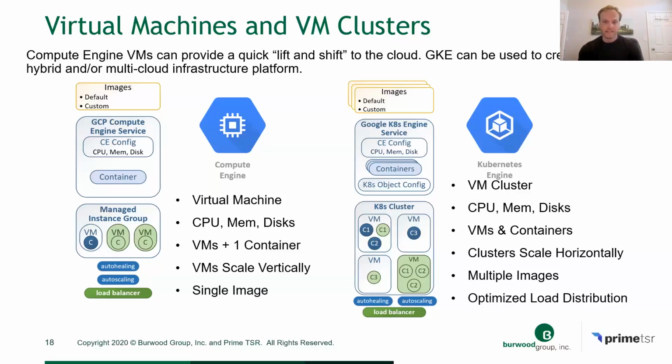On the Kubernetes side, this is by far the way that you can get the most out of your resources. And it's the most flexible way to deploy all your workloads and all your applications. The idea here is that you could keep adding VMs to it.